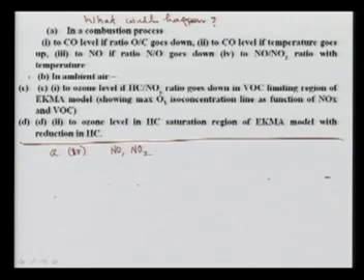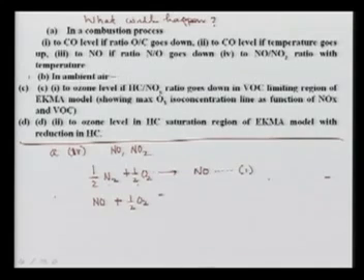If you recall, what was the formation? That was producing NO. Let me write this as equation 1, and this NO can further convert into NO2. Let us write this as reaction 2.